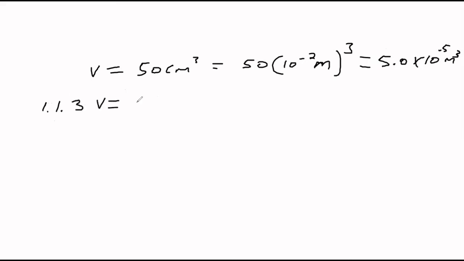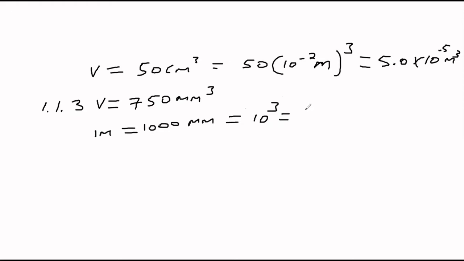So we have volume, which is equal to 750 millimeter cubed. Okay, what we know is 1 meter is equivalent to 1,000 millimeters, which is also the same as 10 to the power 3.